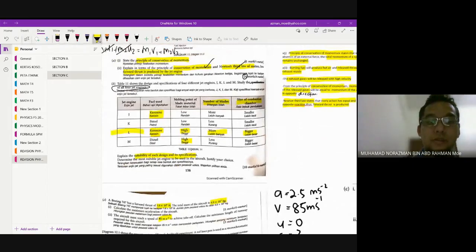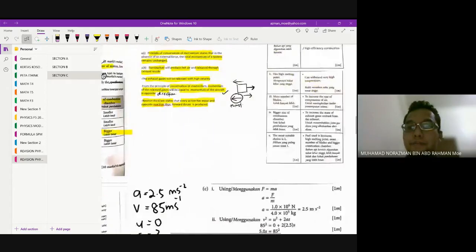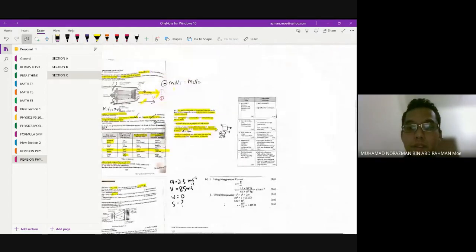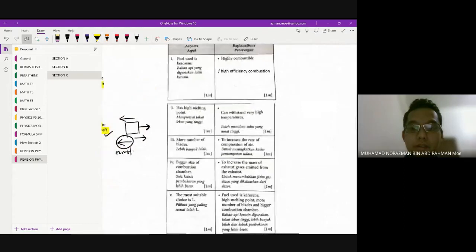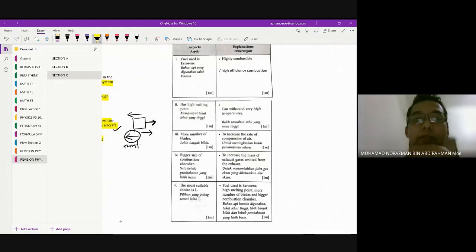So we find our winner here, L. Okay, next we go to the explanation. Fuel used is kerosene. Why? Because it is highly combustible, or you can say high efficiency combustion.